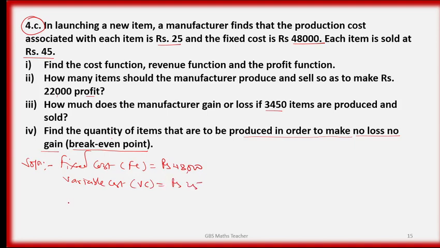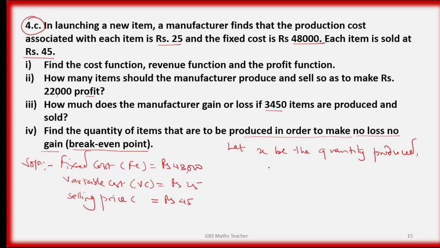And selling price equals Rs 45, or anything you can suppose. And let X be the quantity produced. I have expressed this in terms of X, or we can use quantity also. That is your choice.